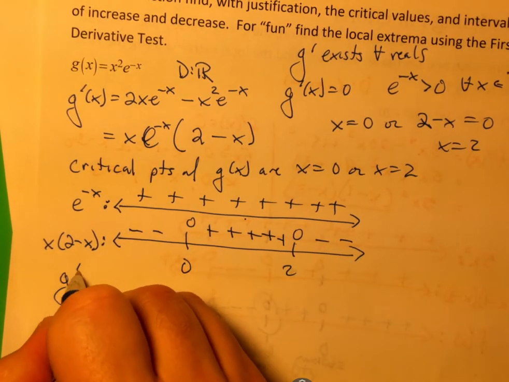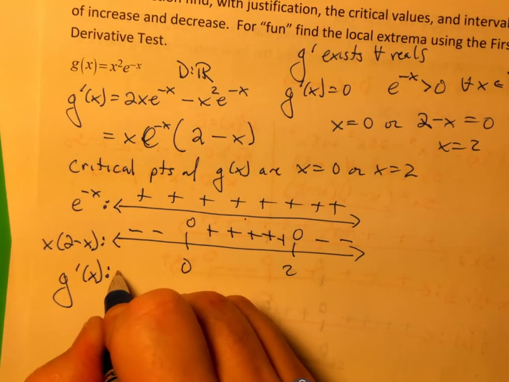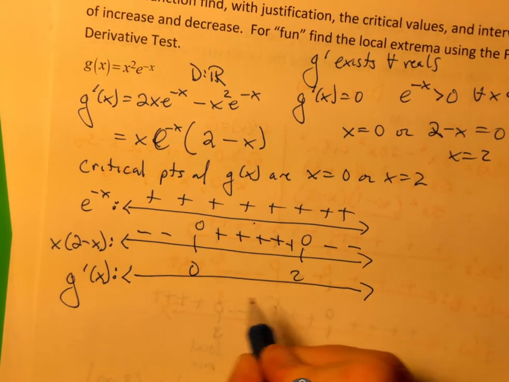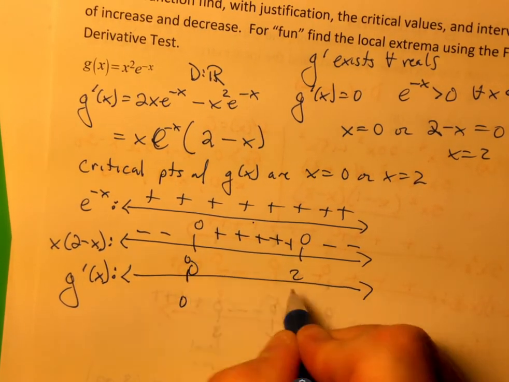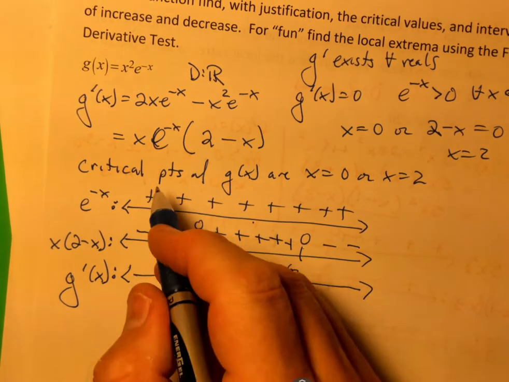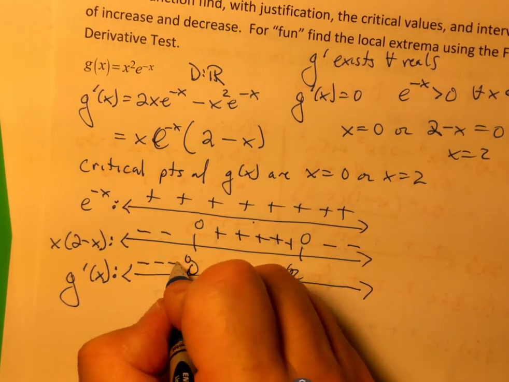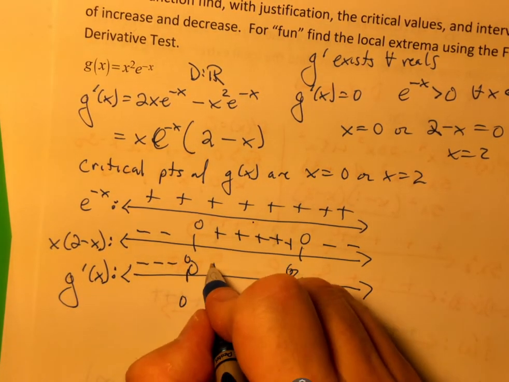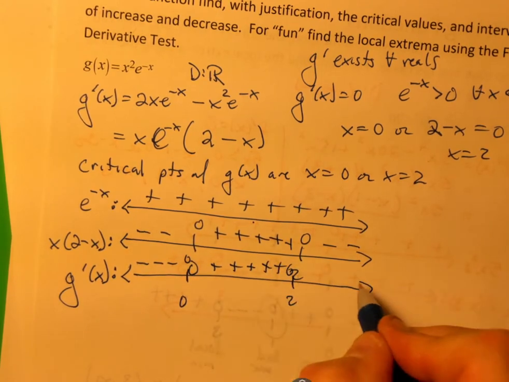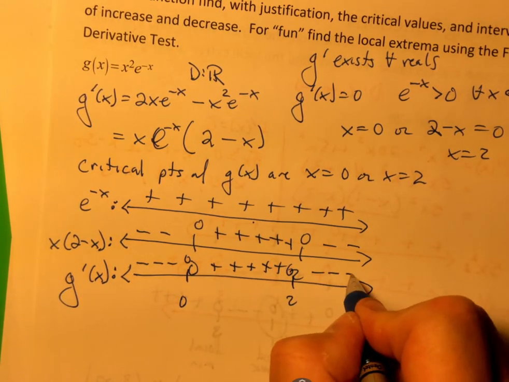And now g prime of x. Oh no, no, no, come back. Okay, the product of two positives is positive, and the product of a positive and a negative is negative.